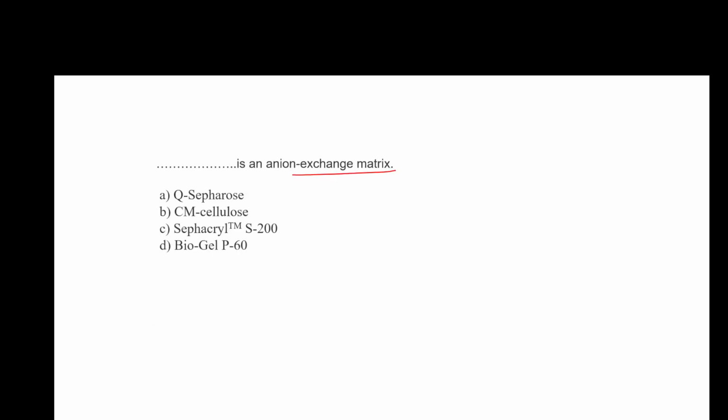Ion exchange chromatography is a type of chromatography method, or type of purification of your desired protein, where you can select the protein based on the charge that they possess. Suppose your protein could be either positively charged or negatively charged.